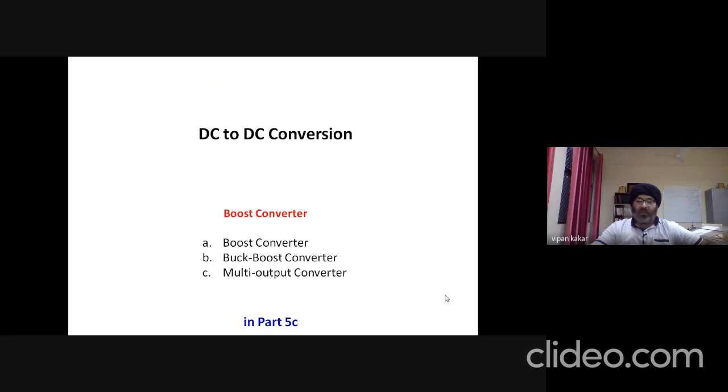Then later on, we'll be discussing the practical aspects of buck and boost combined together. After that, we'll be discussing the multiple output converter, which can have multiple outputs, buck, boost, or a combination of both of them.